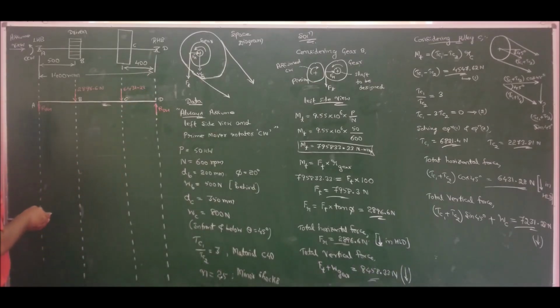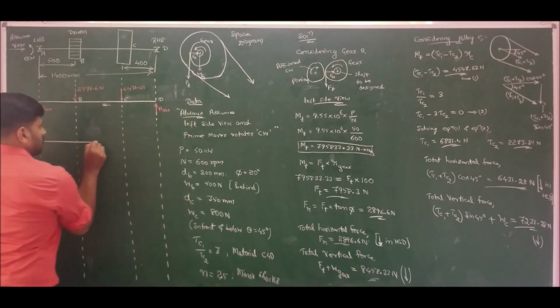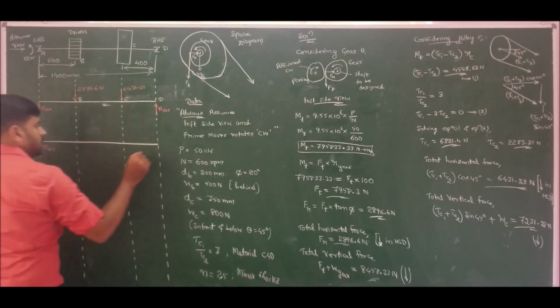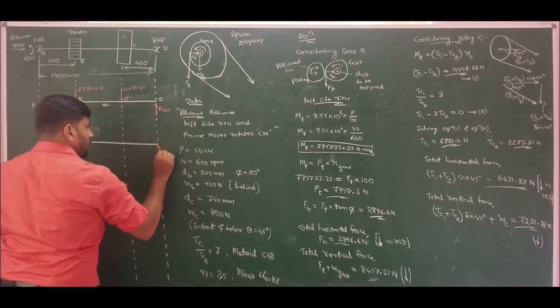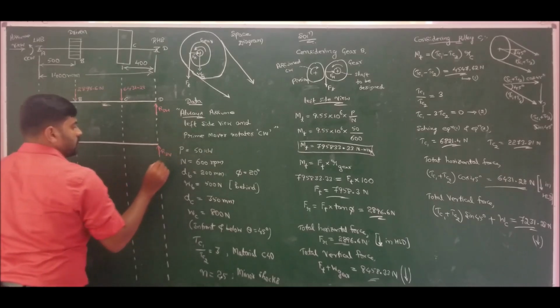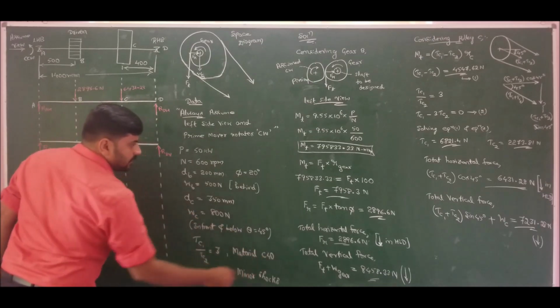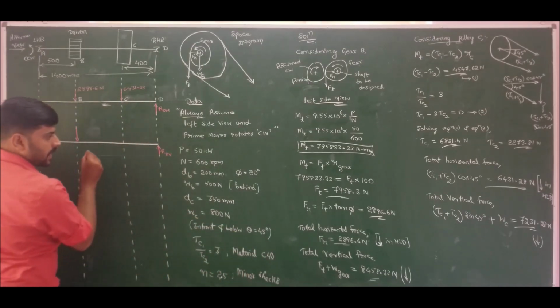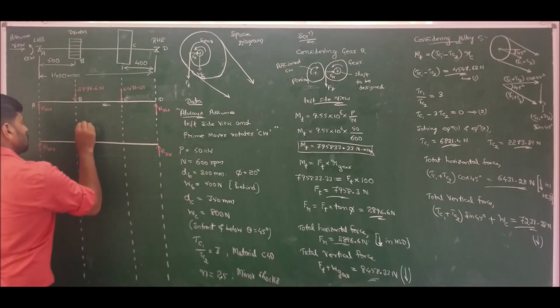Now if I draw the vertical load diagram, we have support reactions RA vertical and RD vertical. From the gear, the vertical force is downwards, whose magnitude is 8458.33.